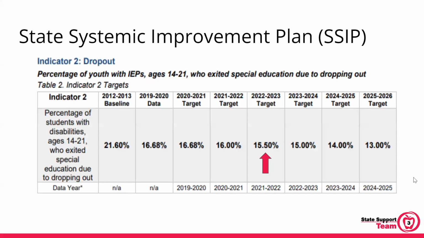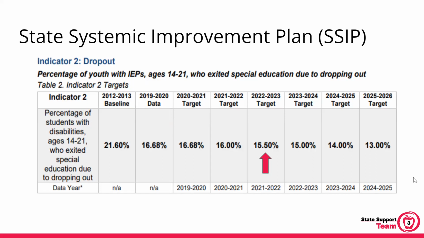For indicator 2, dropout, again, you can see that there are targets that are set each year, and these targets have been adopted by the Department of Education and Workforce and approved by the federal government, with our goal by the 25-26 release of our indicators of having no more than 13% of our students with disabilities exiting special education due to dropping out.